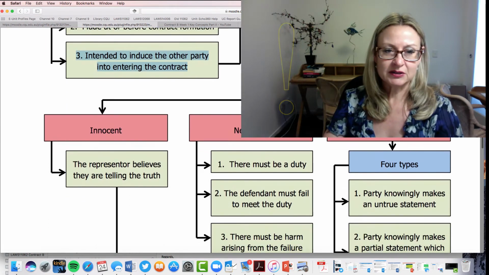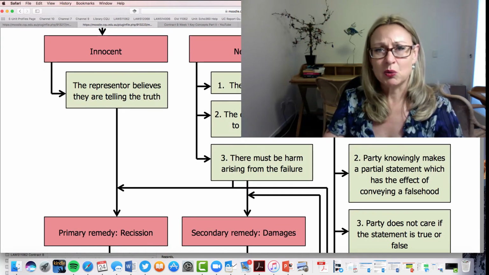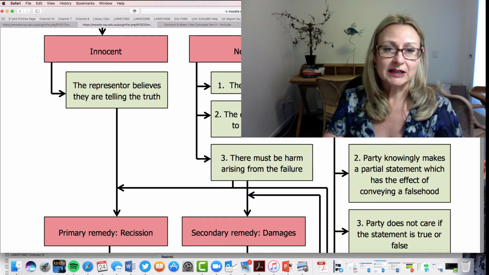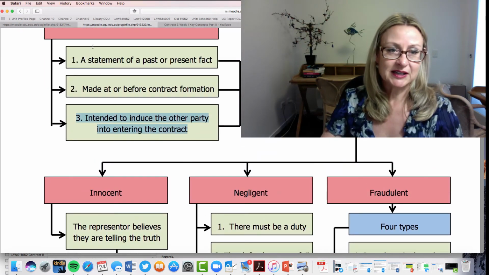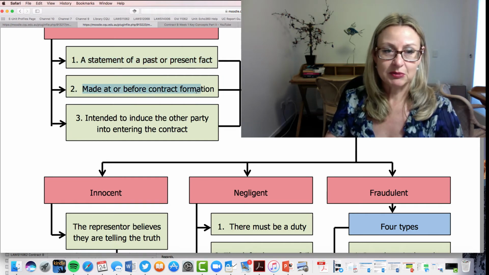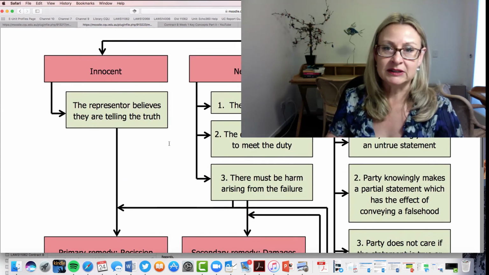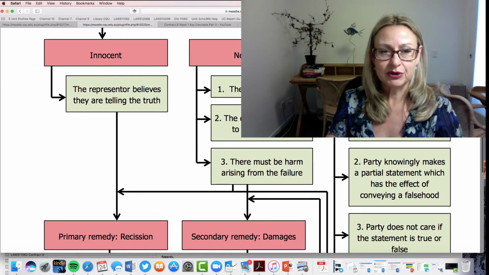In terms of innocent misrepresentation, basically you define it by what it's not. It's not negligent misrepresentation, and it's not fraudulent misrepresentation. So what you're going to need to do is establish that those three elements here, your statement at the time of making the statement, and the inducement and reliance are all present, and that in terms of the other two categories, there's no negligence involved and there's no fraud involved.